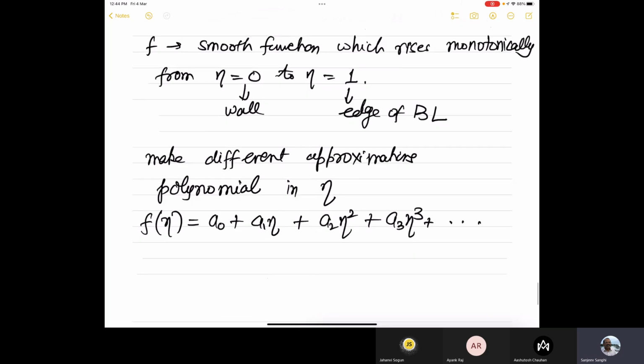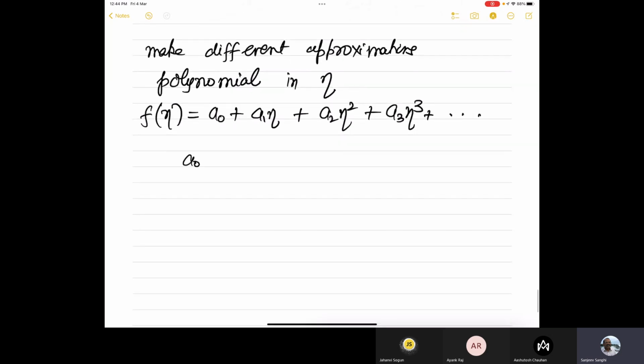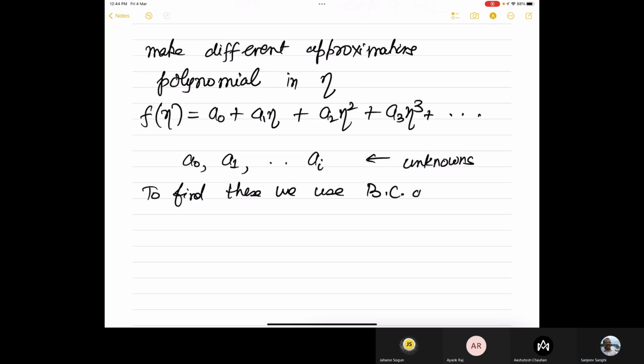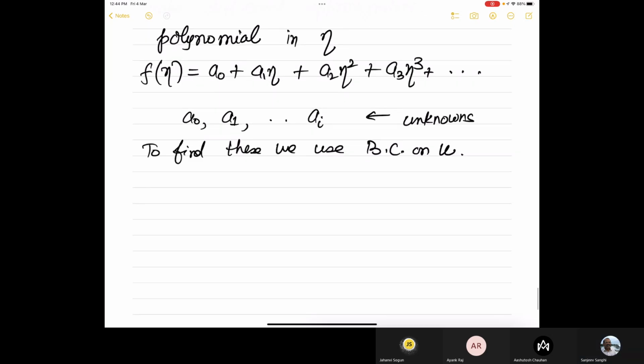When we assume this velocity profile, at this stage a0, a1, the ai's are unknowns. To find these, we have to use the boundary conditions on the velocity.